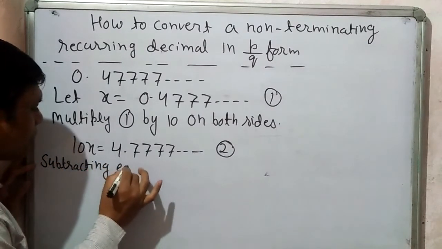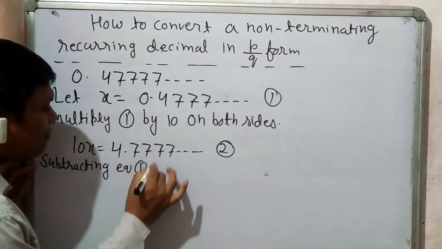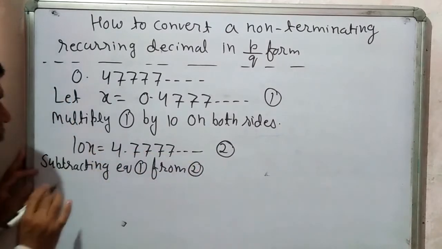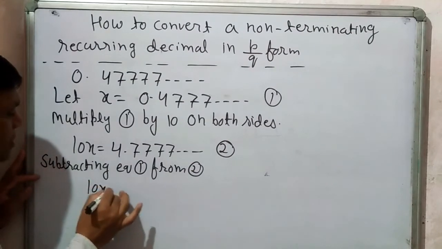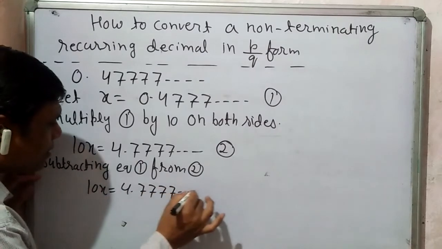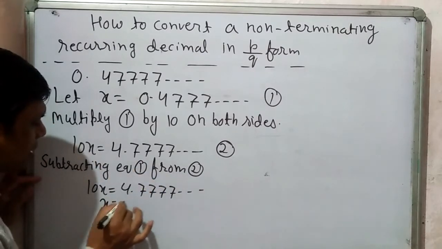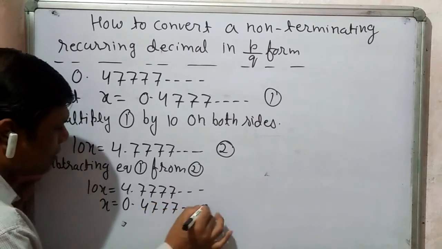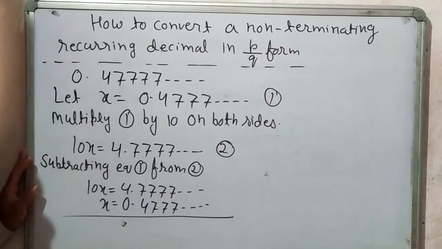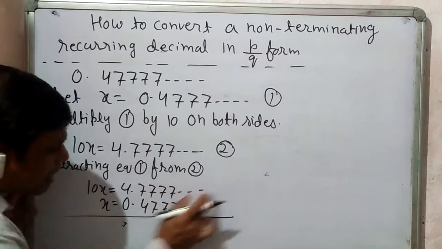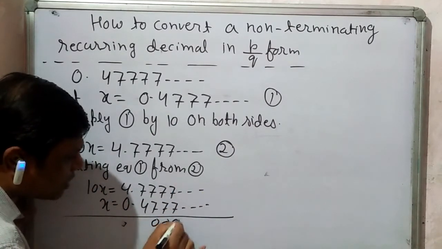So we write 10x equals 4.777 repeated, and x equals 0.4777 repeated. The only difference here is that all these 7s will be subtracted to 0.